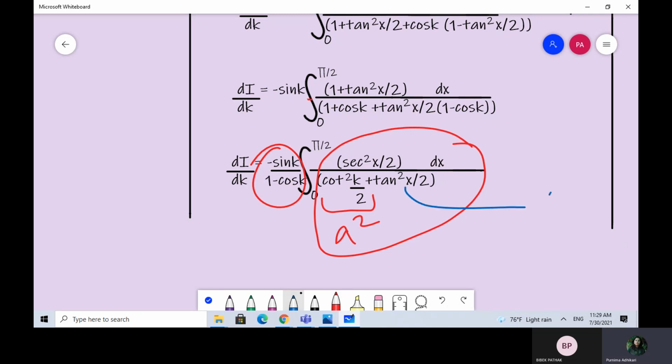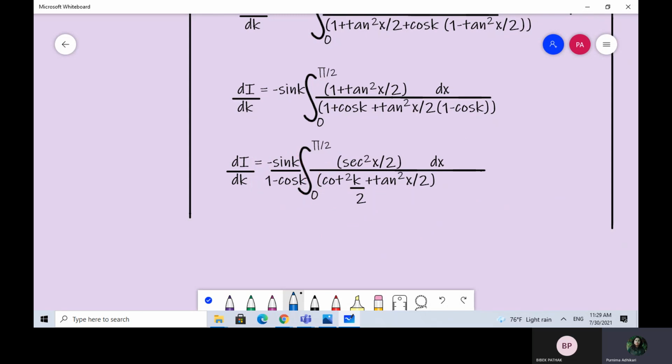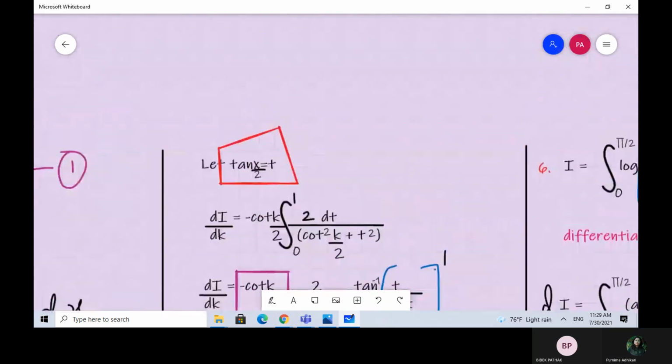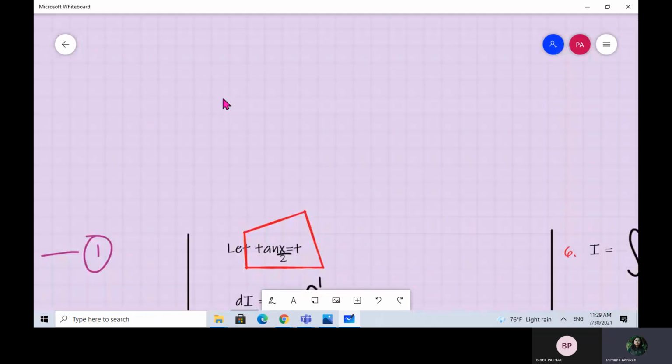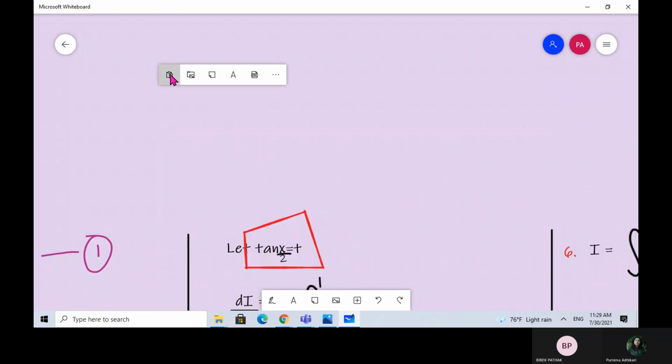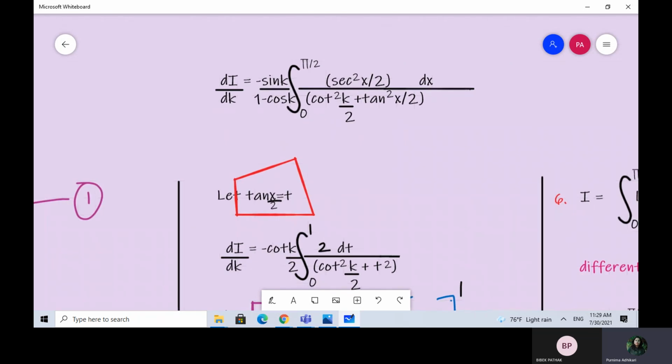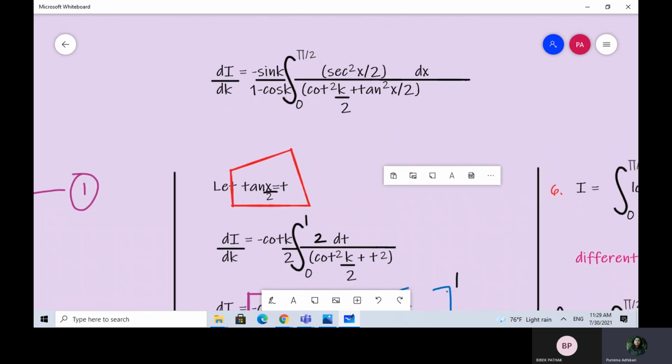Yes. Assume tan x as t, then sec square x dx is dt, right? Definitely x by 2, so I'm calling it just x. Okay, if tan x is t, then sec square x dx will be dt. So this is the previous step, and I'm copying it here so you can compare with the next step.